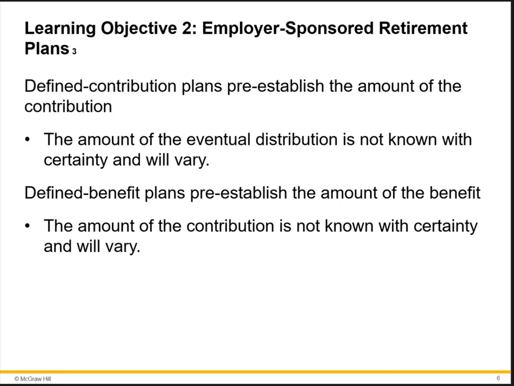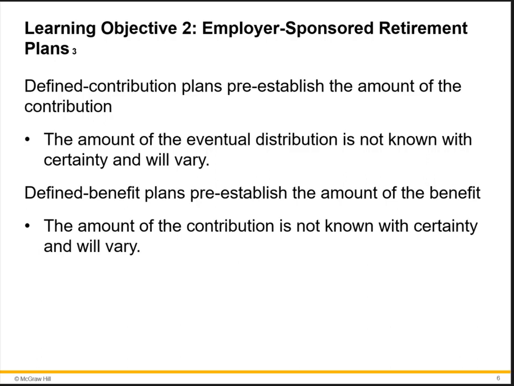So typically they'll say something like, when you retire, we'll give you 60% of the average of your last 3 years of salary, and we'll pay that to you until you die. That means we've defined the benefit. We've promised a certain amount of money every year.